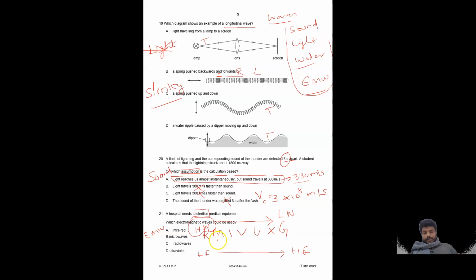That oven is using microwaves. So there are two important uses. Normally they ask about TV transmission. TV means the signal transmitted to the satellite. Which wave is the carrier? Microwave carries the TV signal to the satellite.